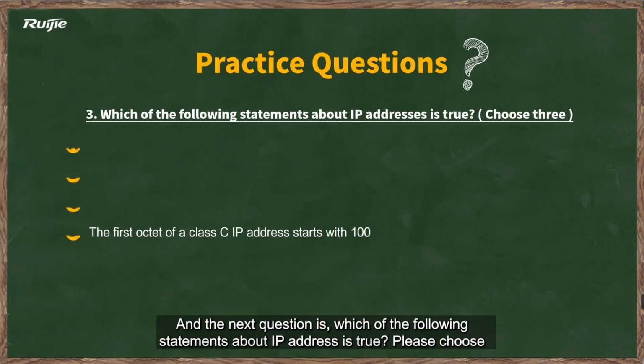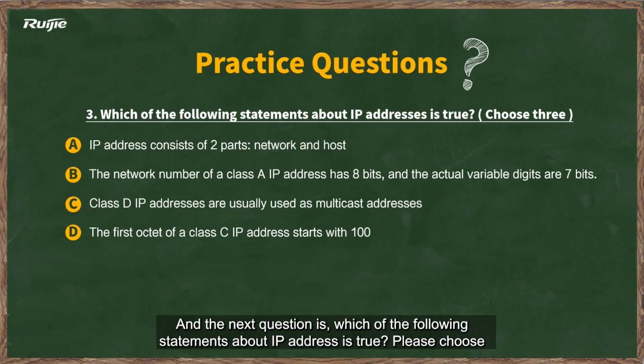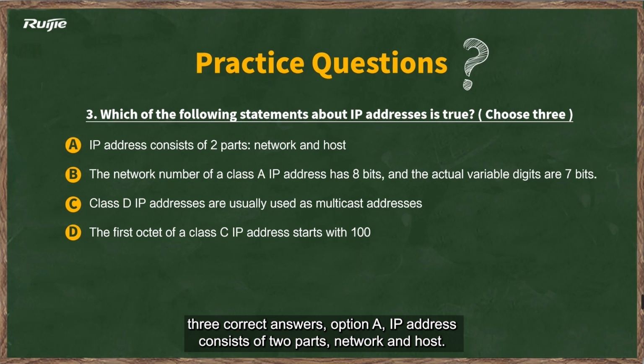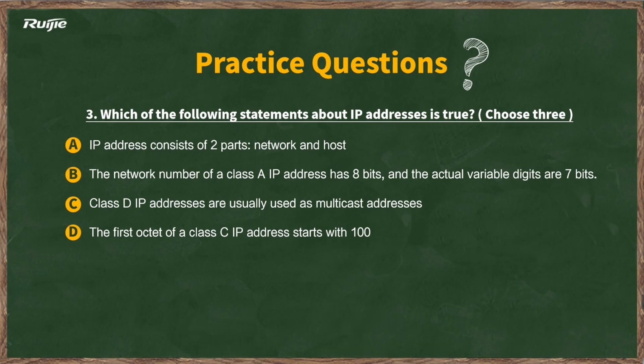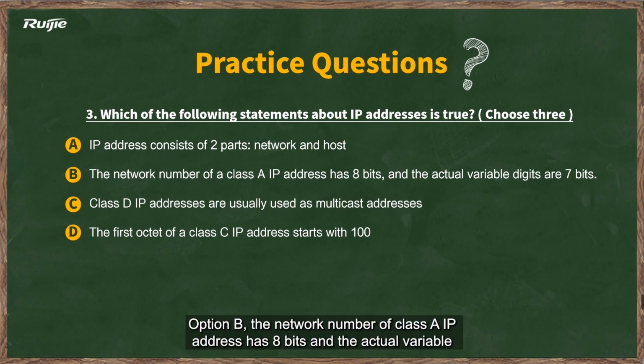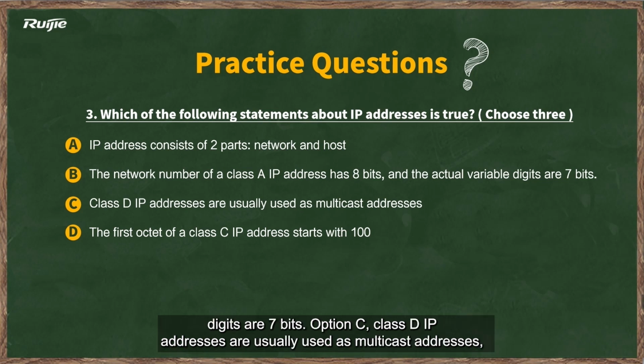And the next question is, which of the following statements about IP address is true? Please choose 3 correct answers. Option A, an IP address consists of 2 parts, network and host. Option B, the network number of a class A IP address has 8 bits, and the actual available digits are 7 bits.